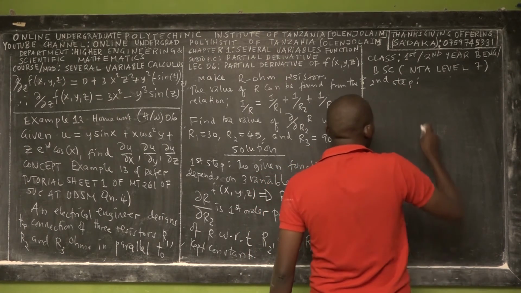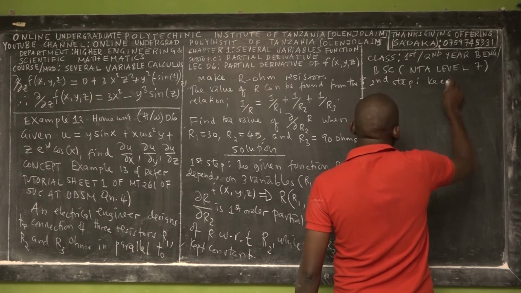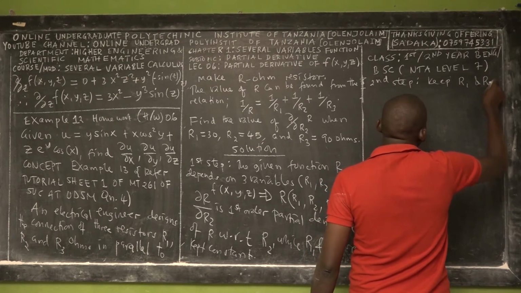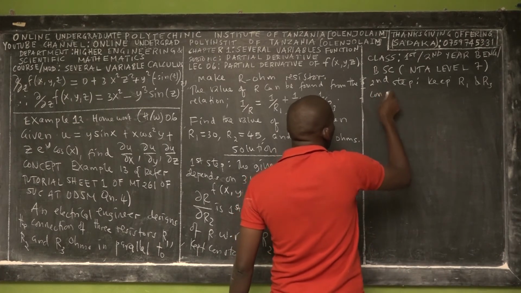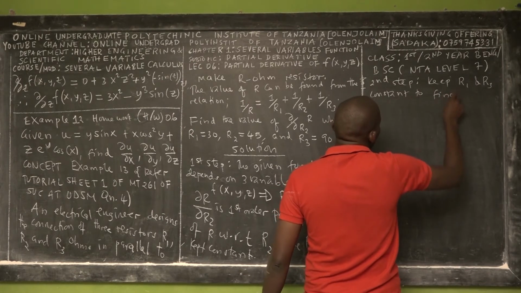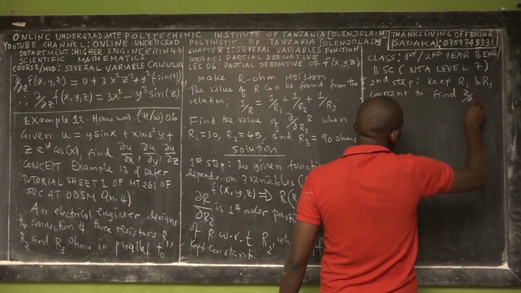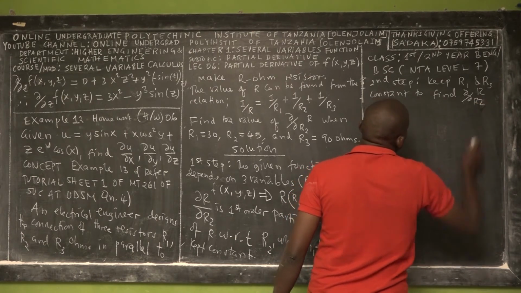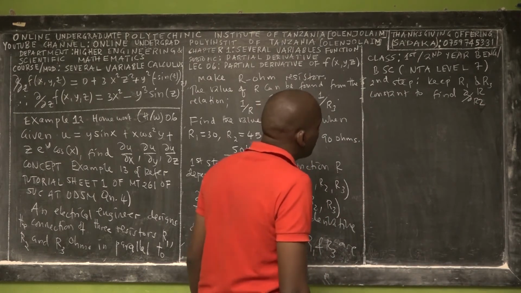So the second step now: we have to keep R1 and R3 constant to find the first partial derivative of R with respect to R2. How can we do this?